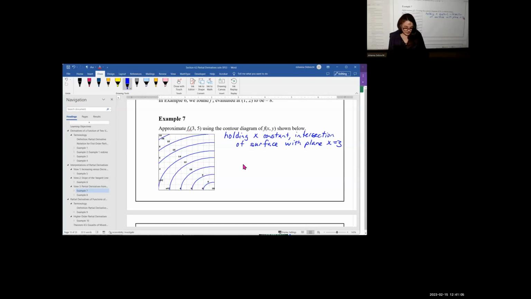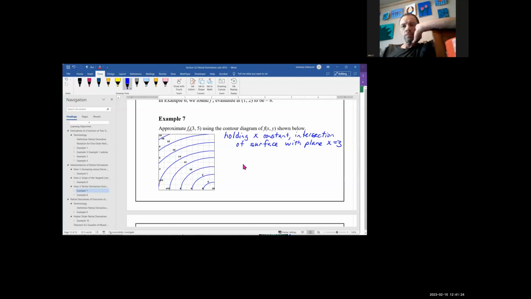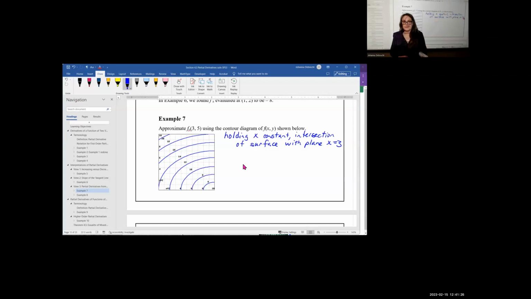So we have to go back to the definition of what the partial derivative is. And what is the partial derivative? By definition, what is the definition of a derivative, period? It's a limit of the difference quotient. So we're going to go back to the difference quotient and use that to approximate.